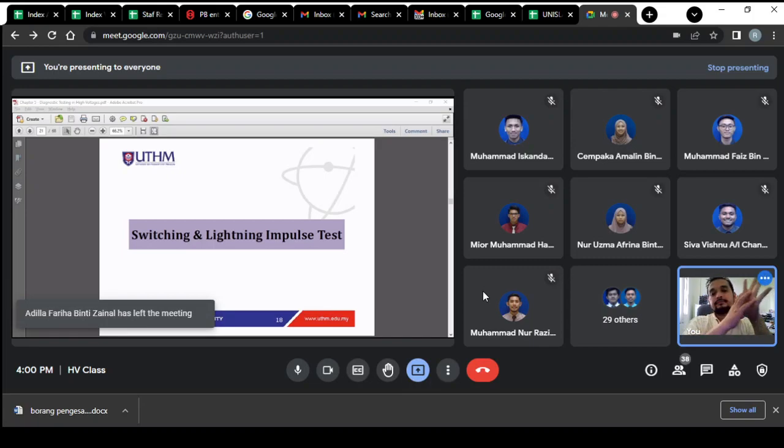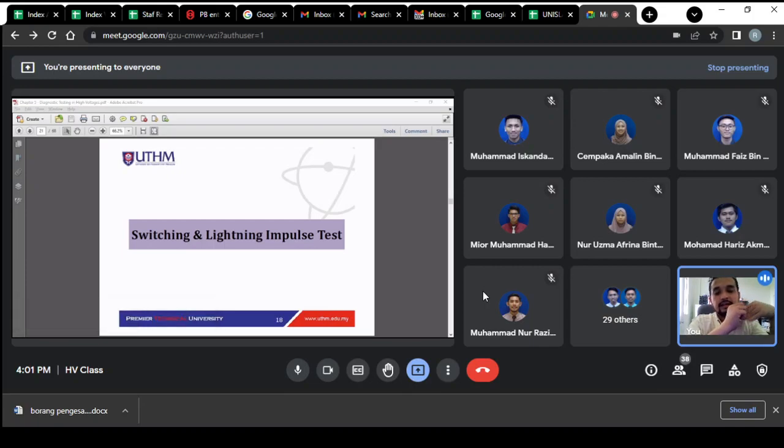Iskandar, why do we need to perform a switching high voltage test, impulse test? Uzma Afrina, what is the difference between switching and lightning?